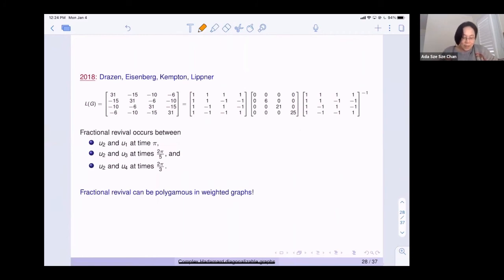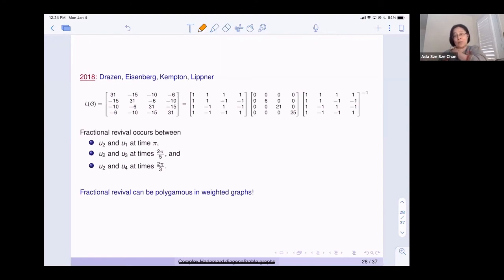And then a few months later, they showed us this 4x4 graph. It's a weighted graph. But they showed us that this graph has fractional revival from the second vertex to basically any other vertex at different times. So we have our first example of a weighted graph showing that fractional revival can be polygamous.